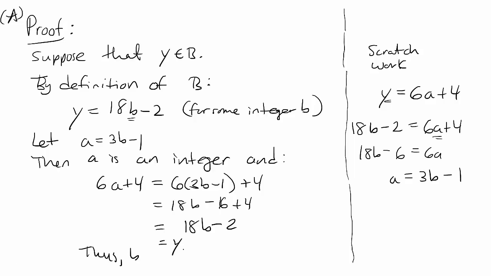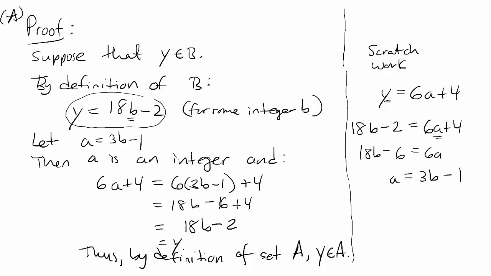Thus, by definition of set A, y is an element of A. So you showed that you started with y being in the set B because it's of this form, 18b minus 2.